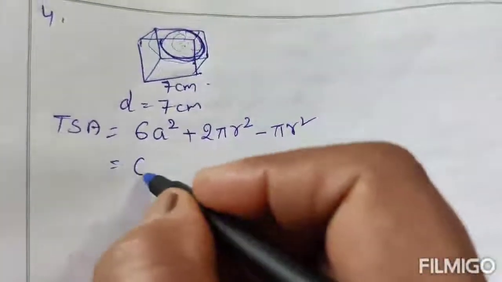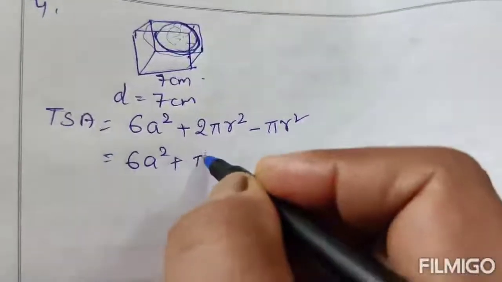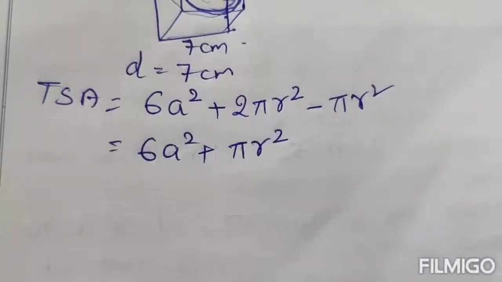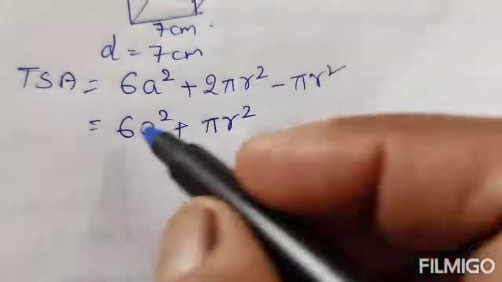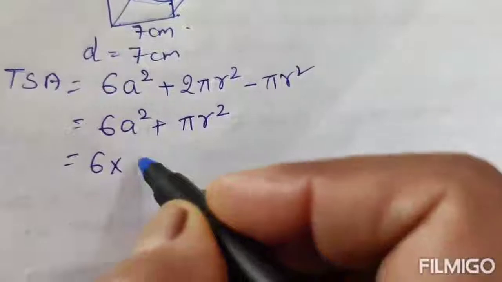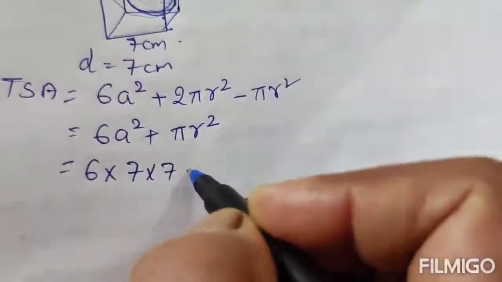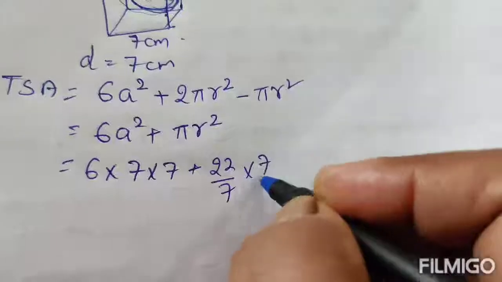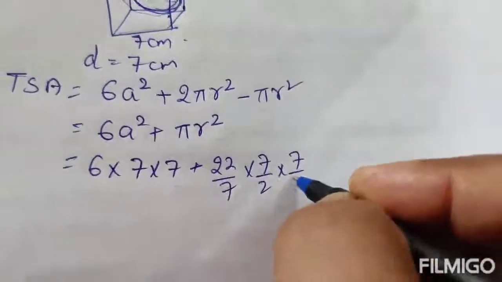The answer is 6a square plus pi r square. Okay. Put the value: 6 into side 7 plus pi r square, where r is 7 by 2.